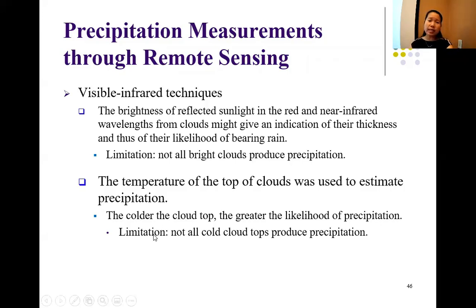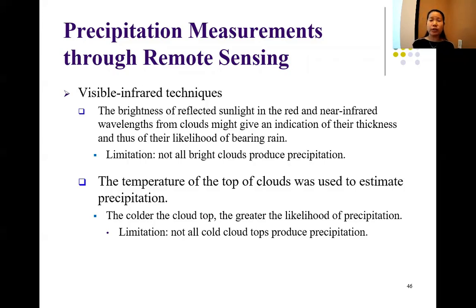And also they can see the temperature of the top of clouds, which can be used to estimate precipitation. Typically, the colder the cloud top, the greater the likelihood of precipitation. So this also indicates that temperature can play a very significant role in precipitation.